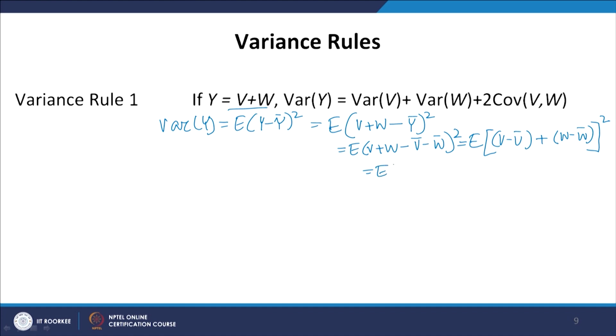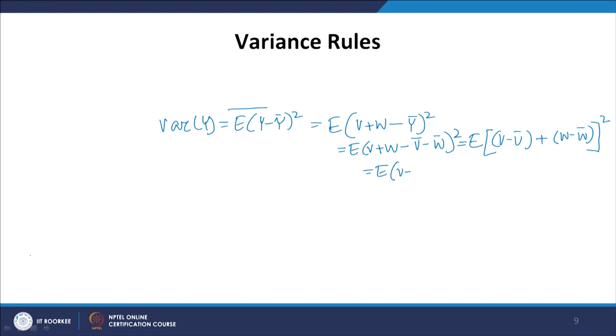Now, if we apply the a plus b whole square formula, then we will find that this is equal to expected value of v minus v bar whole square plus expected value of w minus w bar whole square plus 2 expected value of v minus v bar into w minus w bar, right, entire thing under the bracket.